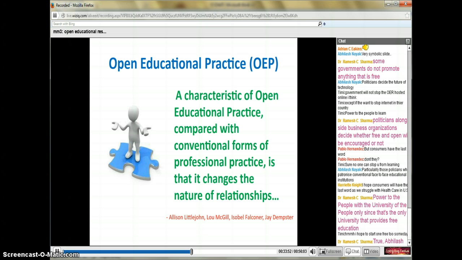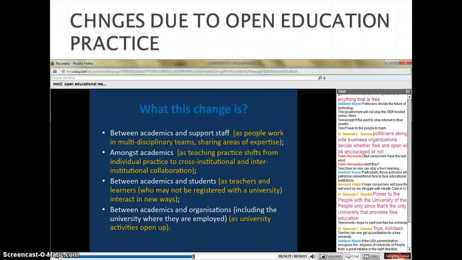Now he talked about the open education practice. A characteristic of open education practice compared with conventional forms of professional practice is that it changes the nature of relationships, because it requires a different kind of relationship with different categories of stakeholders.